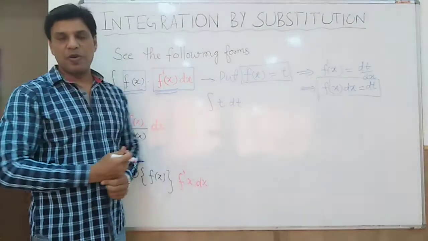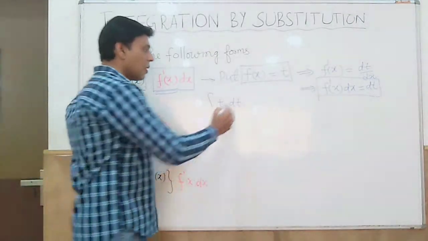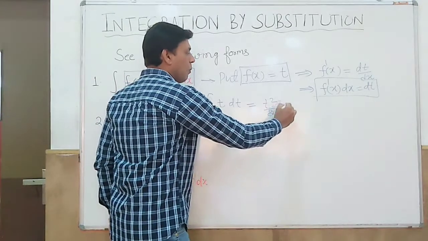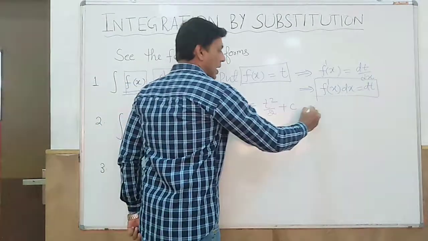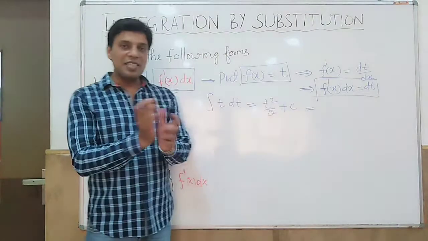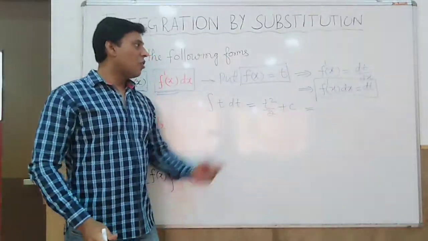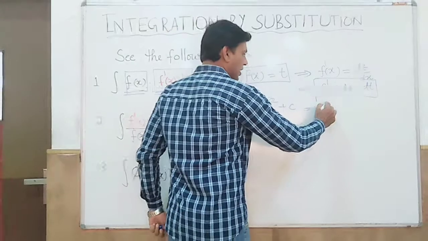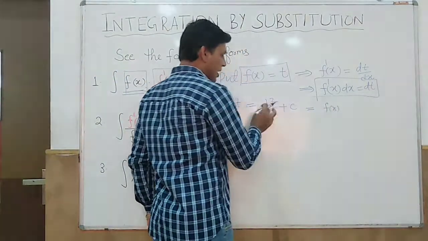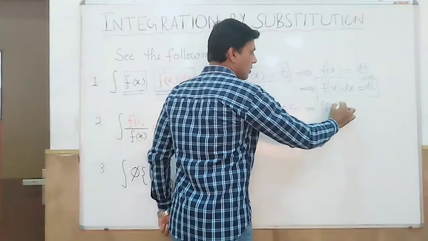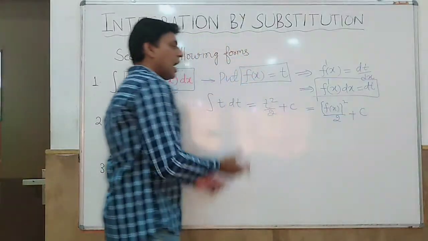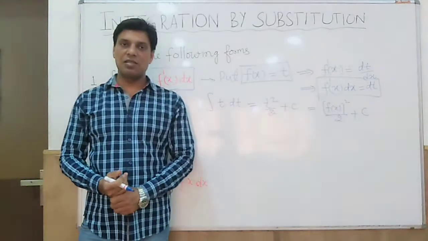Now you know how to perform integration. So this integration will be t square upon 2 plus c. But don't forget to resubstitute the value of t. And what was the t? t was f x. So you have to write f x in place of t because it is t square upon 2 plus c. And we can get the answer.